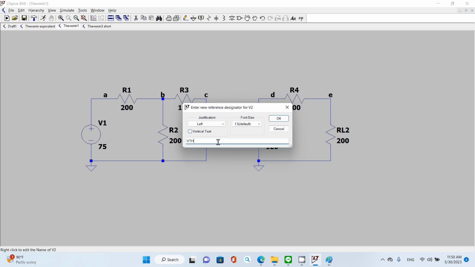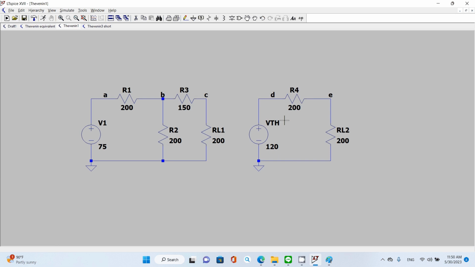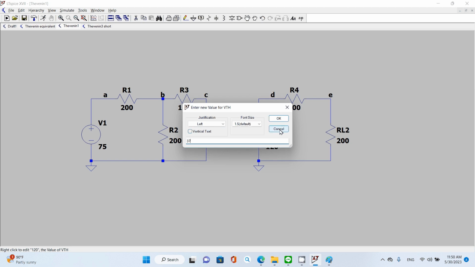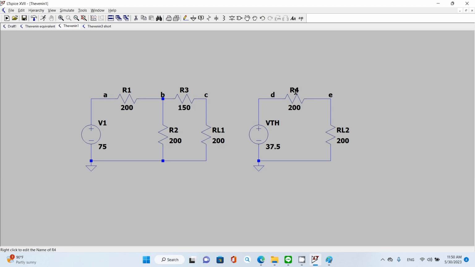RTH. And this one is not equal to 75, but by doing LTspice or calculation, it ends up being the half of 75, so that's 37.5, right? And this is your RTH.